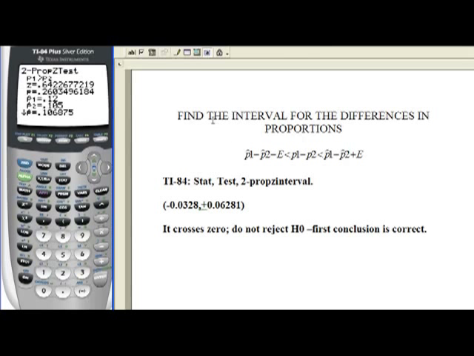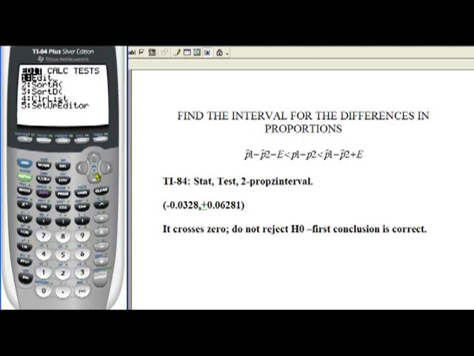If we are looking for the interval for the differences, all you have to do again is go to stat, test. This time you pick 2-prop z interval right here, B option. Now if you do this right after your hypothesis testing, this data will be there already.